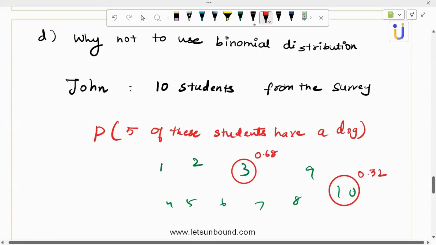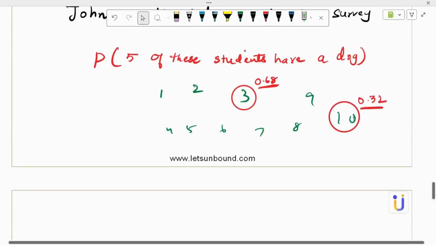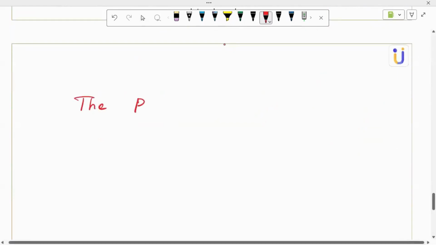So this is the way it will fluctuate. The probability is not constant. The probability should be constant for the binomial distribution, right? So that is why this won't work. Due to the fluctuation, or the probability is not constant, is the best way to put it. That's the reason.